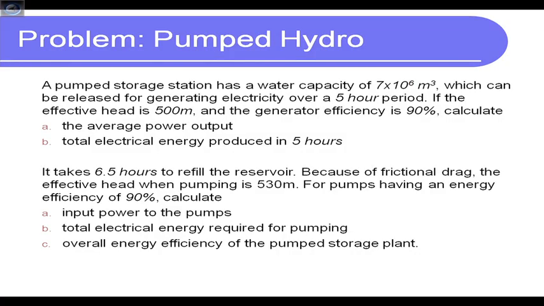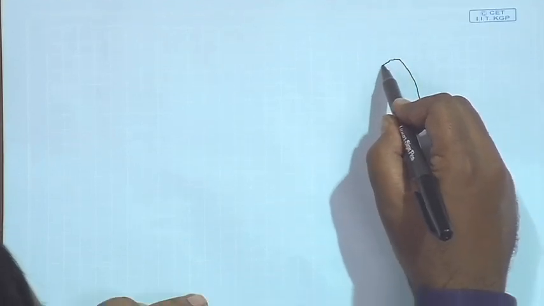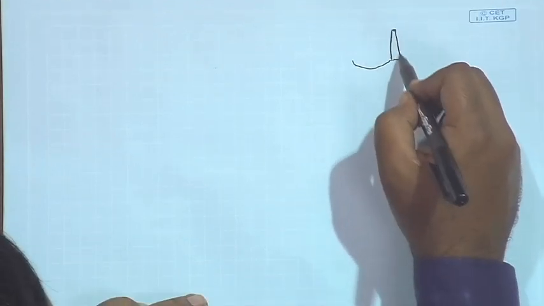Okay. So, the pumped hydro case, what is given is there is a pumped hydro storage system. The water capacity or the volume of water that is pumped up from the base reservoir to the top reservoir is given. So, remember you have a base reservoir here, and then at the top of the cliff you have another reservoir.